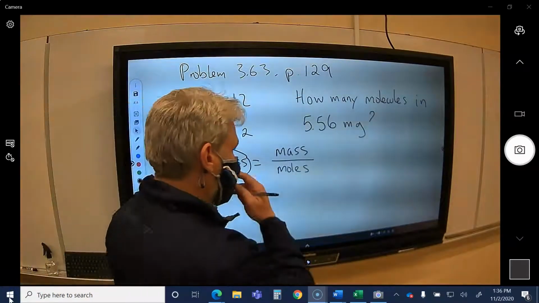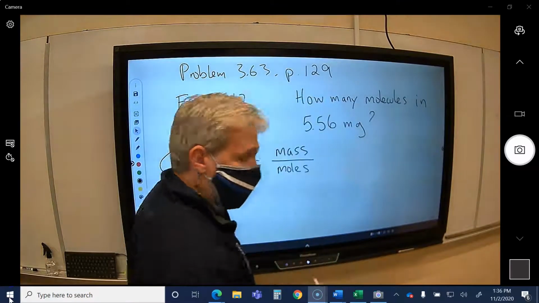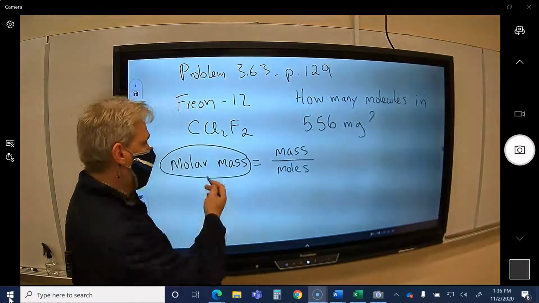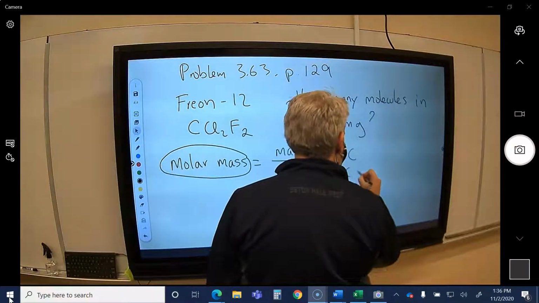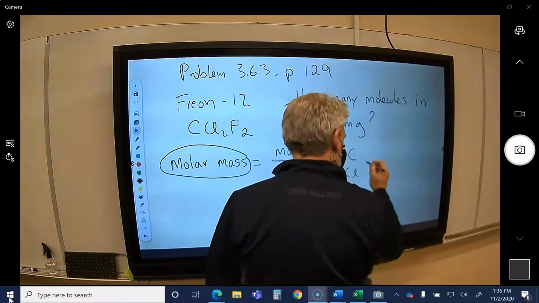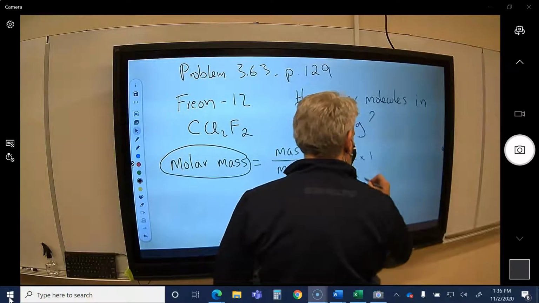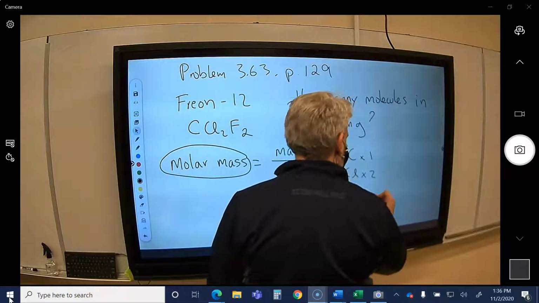Okay, so to get the molar mass, we just need to add up the atomic masses of all of the components of the formula. We set up our laundry list: carbon, chlorine, and fluorine, with times 1, times 2, and times 2.